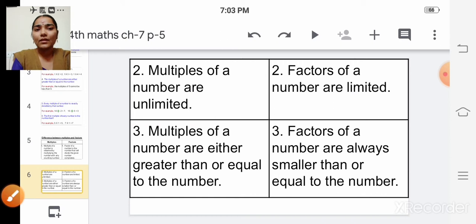So these are the three differences between multiples and factors.